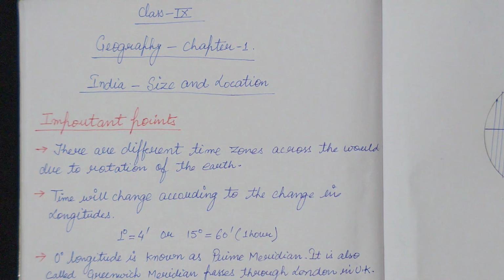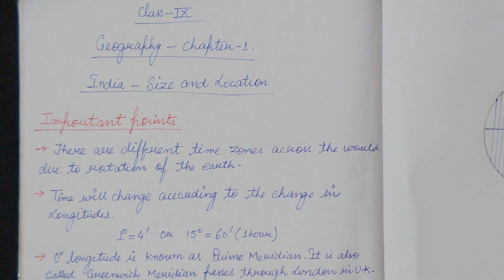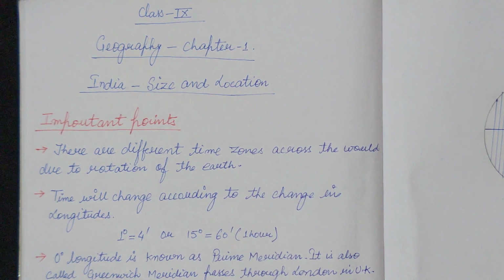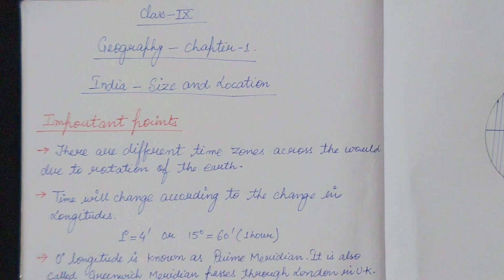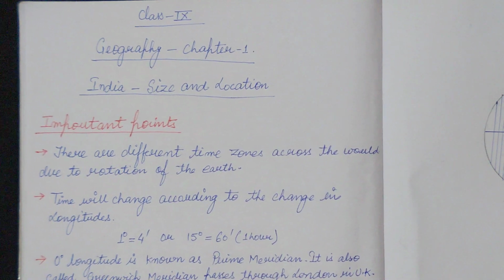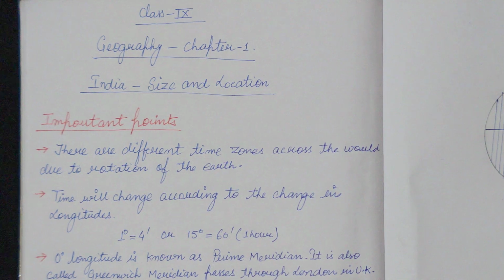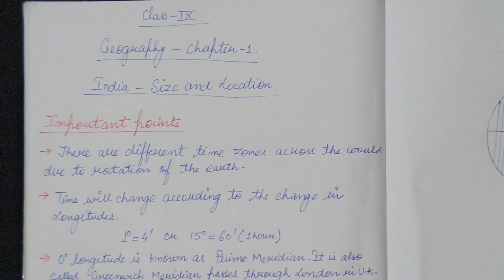The westernmost point is 68 degrees and the easternmost point is 97 degrees. If you take the average of both, it will be near about 82 degrees 30 minutes, and this longitude is known as the standard meridian, right?